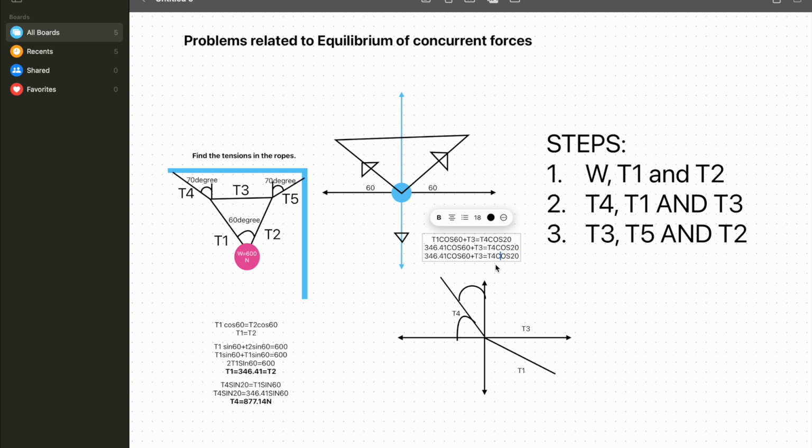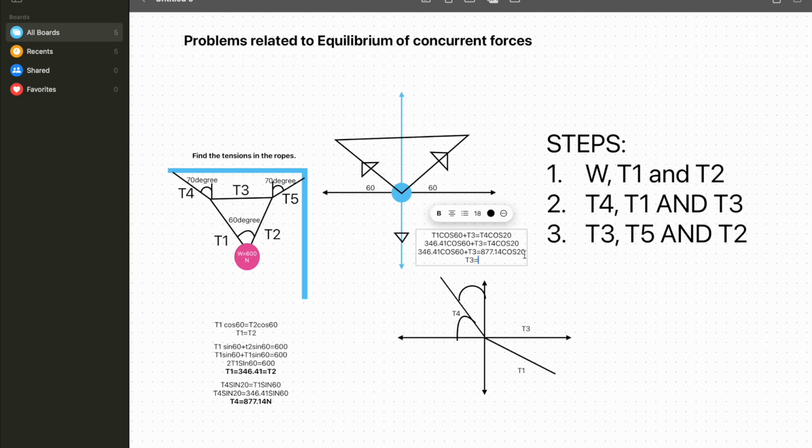So if we input the value of 877.14, then we will be able to calculate the T3 from here. So T3 will be 877.14 cosine 20 minus 346.41 cosine 60.